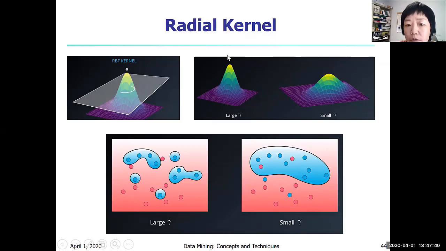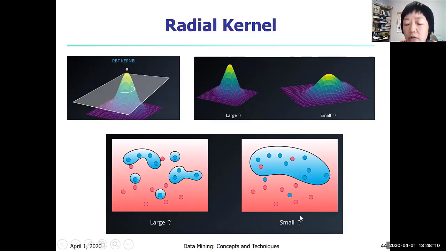When you have really pointy curves, your curve may only affect itself and a few very closely surrounding points. So when you have a large gamma and you cut through this with your hyperplane, you most likely end up with something like this. You have lots of little mountains and you cut through them, so you have those isolated decision boundaries.